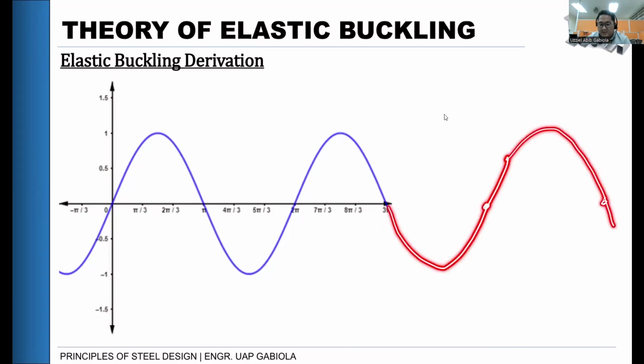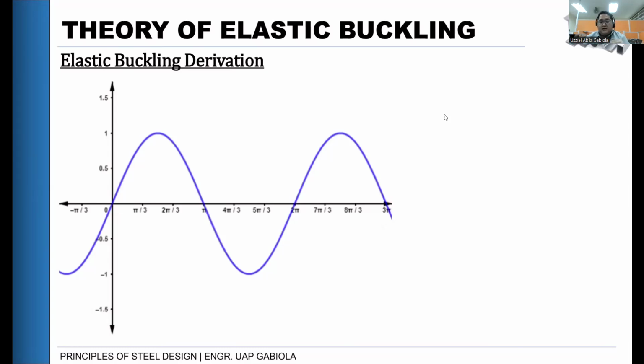Sa 5 pi magze-zero ulit siya. So, anong premise natin 'pag gano'n? Kapag anong pattern ang nakikita natin? Mula sa 0, sa pi, 2 pi, 3 pi, 4 pi, 5 pi, and so on and so forth. Puwede nating sabihin na kapag ang value ng x natin is something pi, okay? Ibig sabihin laging 0 yung value ng y-axis natin.